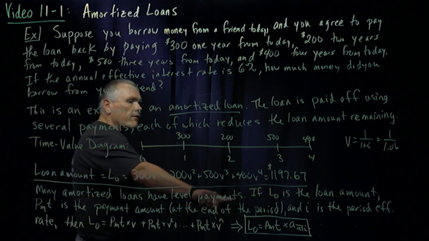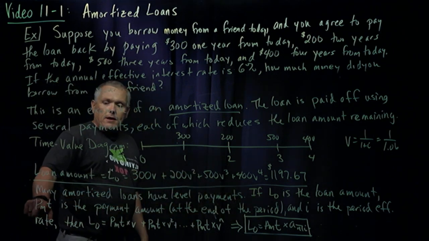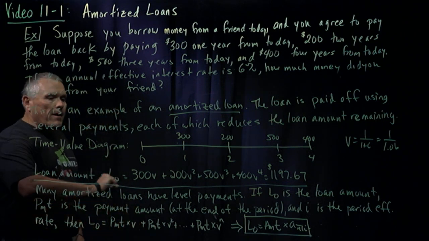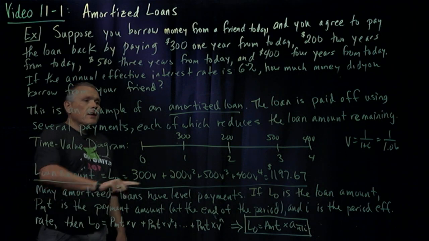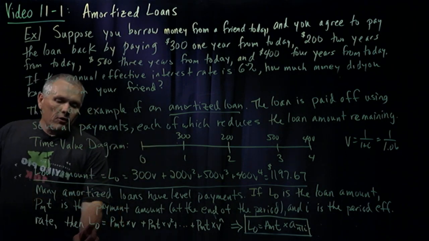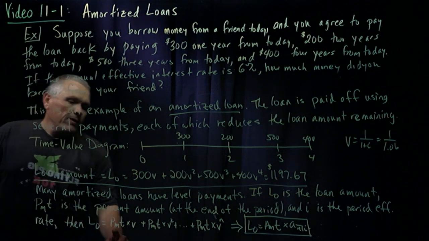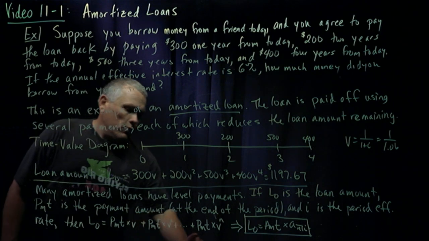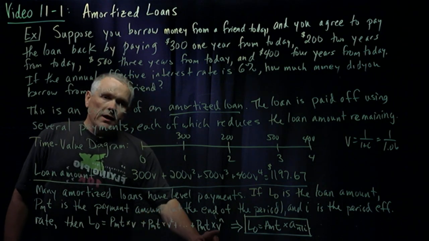So if L sub 0 is the loan amount, and this PMT, this is the book's notation for payment, is the payment amount due at the end of each period, and i is your period effective interest rate, then the initial loan amount has to be the present value of all of those payments. And notice this looks like your usual annuity idea.